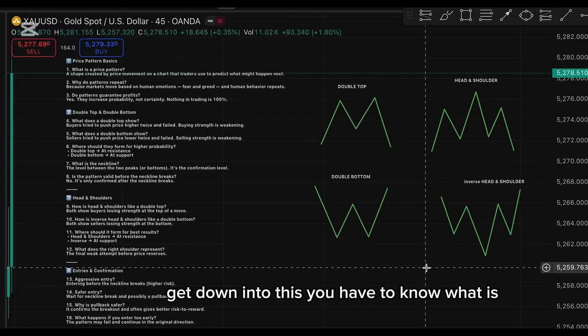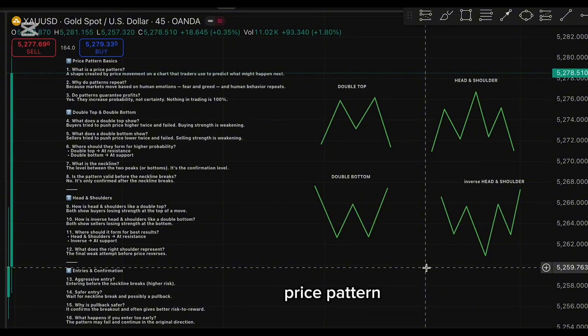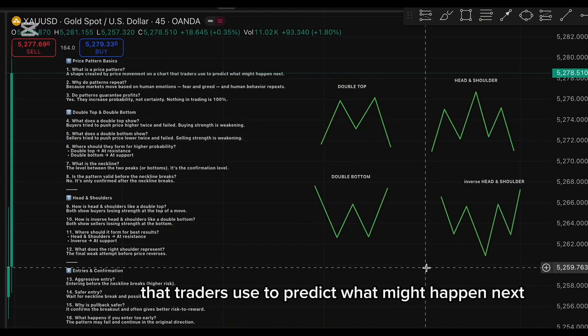But first, before we get down into this, you have to know what a price pattern is. A price pattern is a shape created by price movement on a chart that traders use to predict what might happen next.